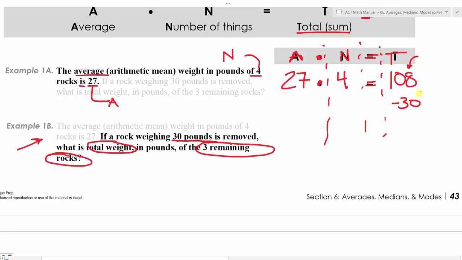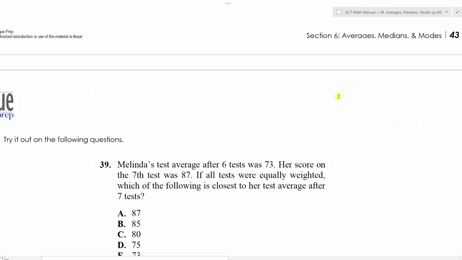Now I can just subtract the 30 out of the 108, and I get 78. So 78 would be the weight of the other 3 remaining rocks. Again, these questions are going to tend to hinge upon that total that you produce by multiplying the average and the number of things.